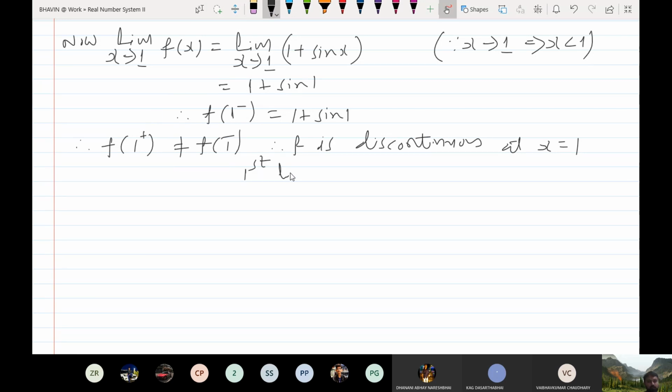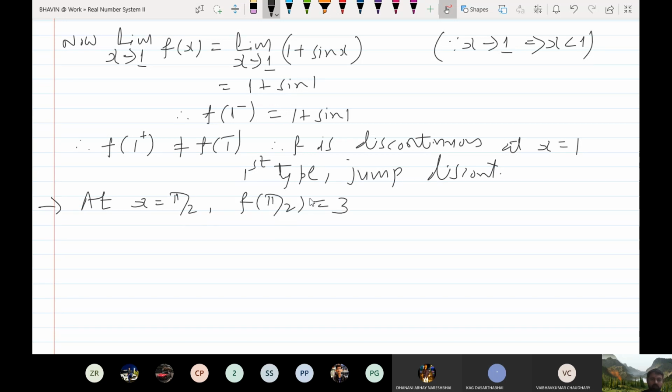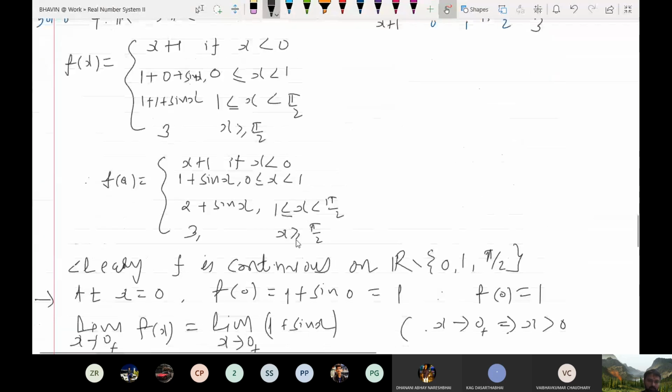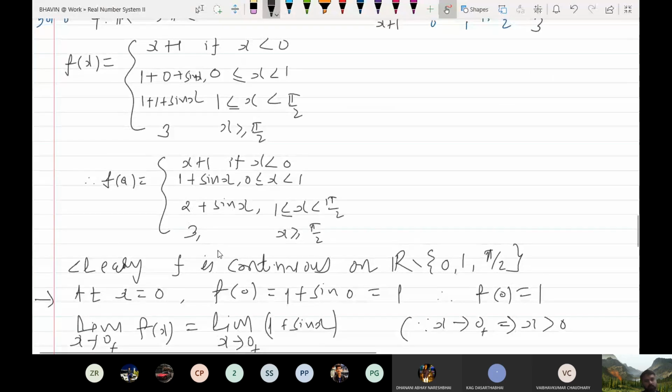First type. And now at x equal to pi by 2, f of pi by 2 is just 3. The value of the function at point pi by 2 is 3. Okay.